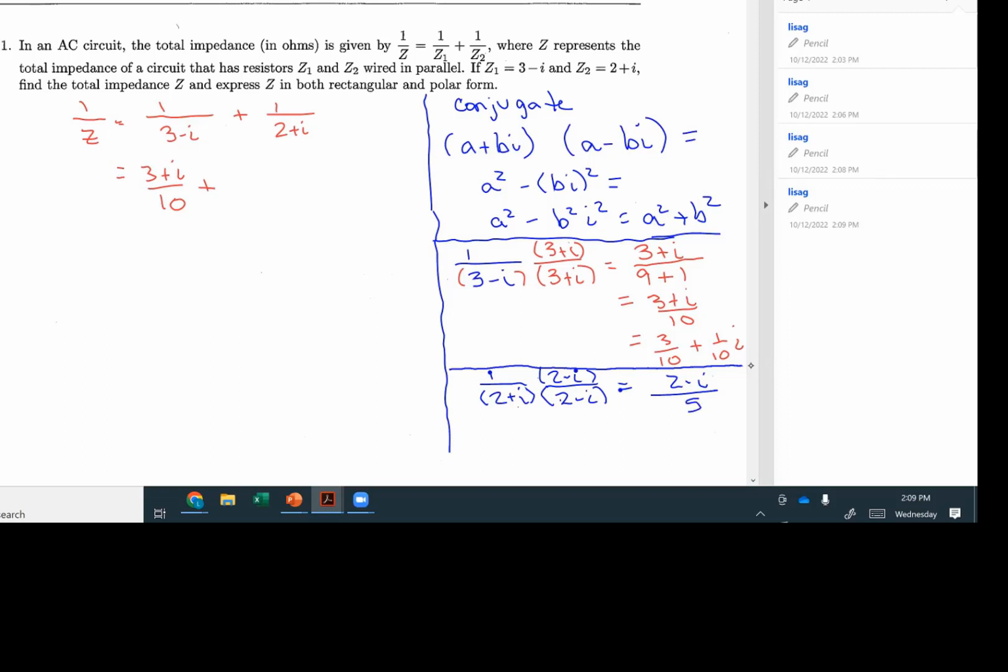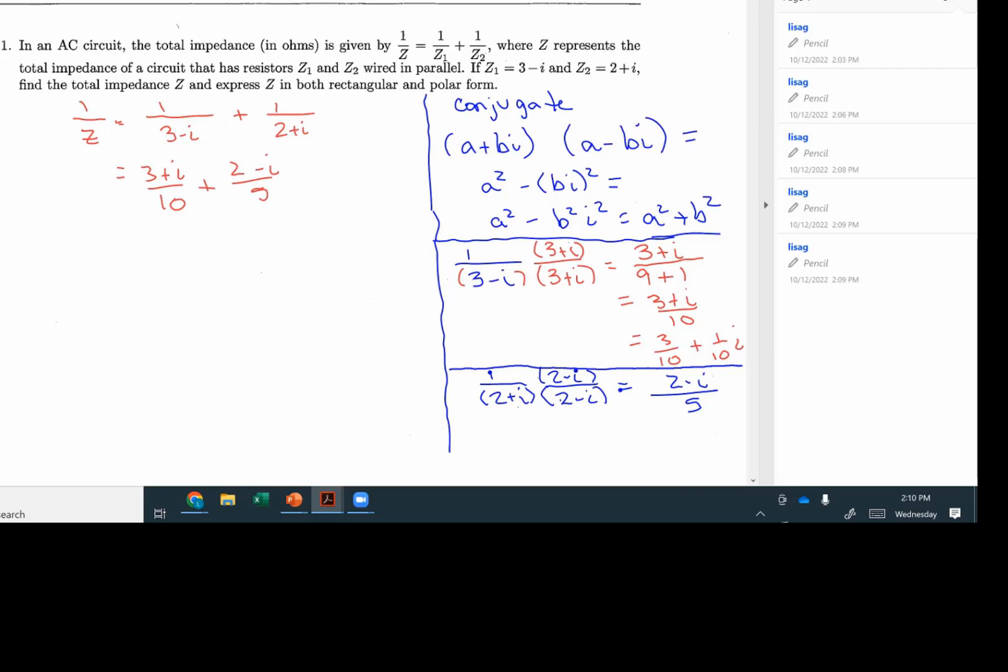If you don't know how I did that, just follow the steps yourself. It's just the difference of squares, so it's 2 squared minus I squared. I squared is -1, so it's 4 plus 1, which is 5. Let's go back over here, and we'll say plus 2 minus I over 5.